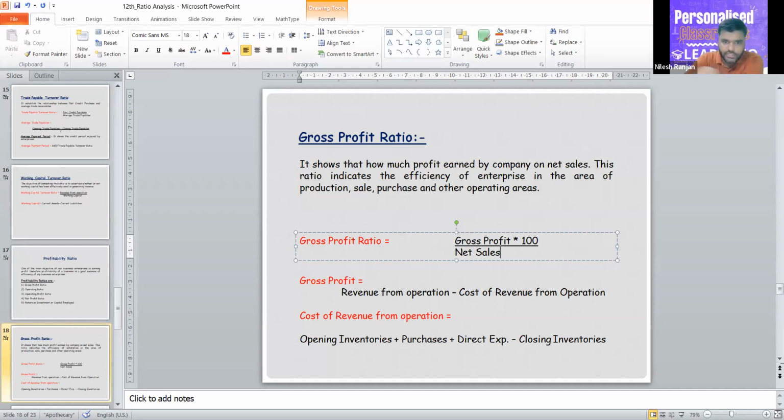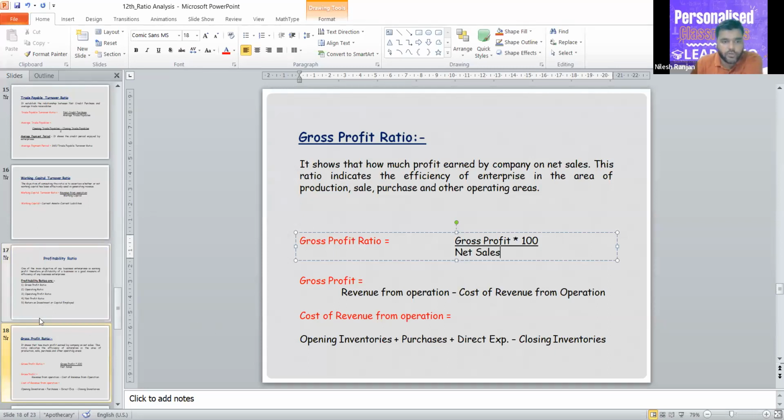So gross profit ratio equals gross profit into 100 divided by net sales, and the formula for gross profit is revenue from operation minus cost of revenue from operation, or net sales minus cost of goods sold. And cost of revenue from operation, you know the formula: opening inventory plus purchase plus direct expenses minus closing inventory.